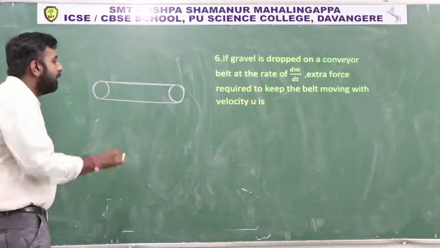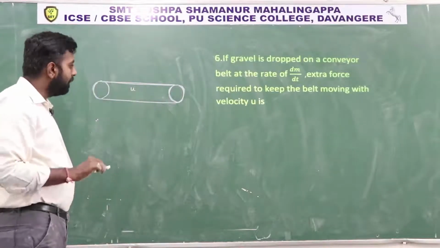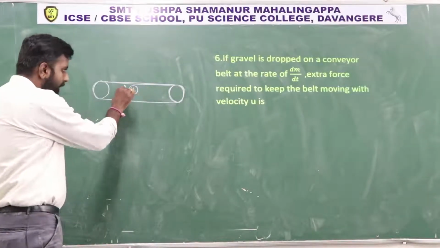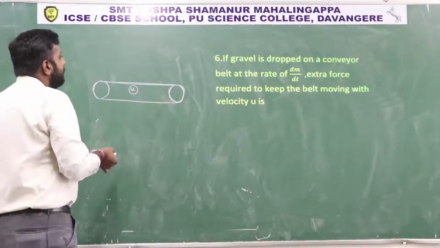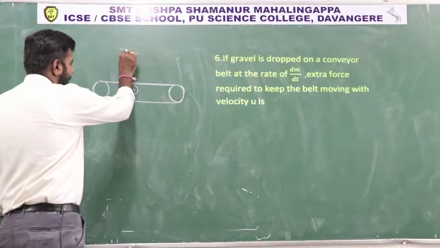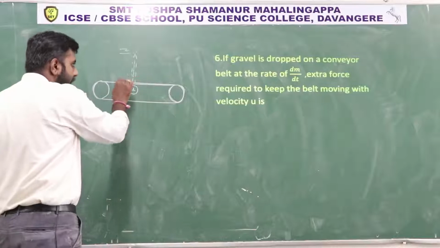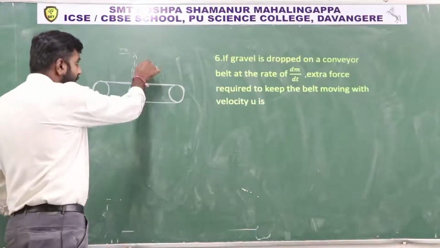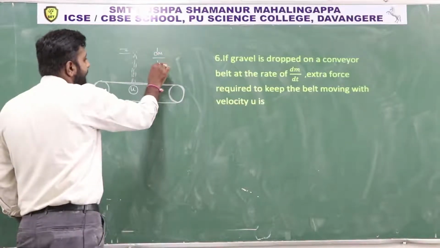Then it is moving with some initial velocity, which let us consider as u. Gravel is dropped, that means consider sand dropping on this belt, at the rate dm by dt.